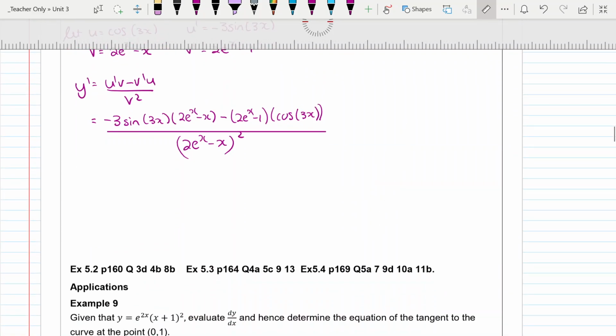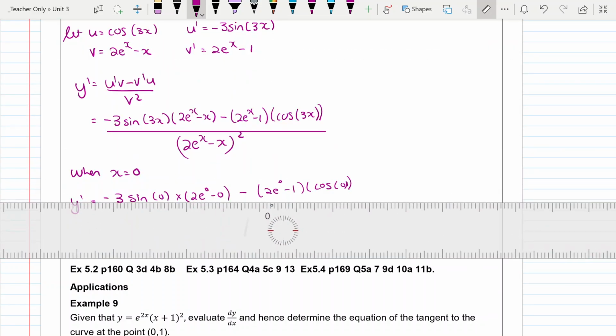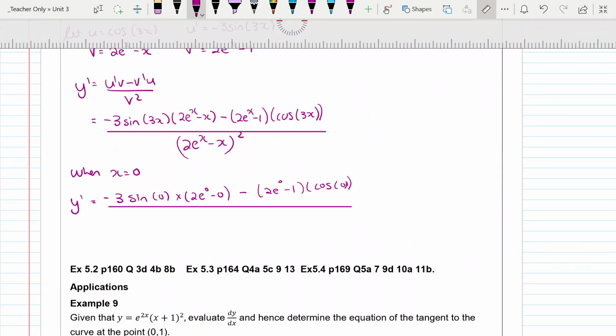So let's find the gradient when x equals 0. We have negative 3 sine of 0 multiplied by 2e to the 0 take 0 minus 2e to the 0 take 1 times cos of 0 over 2e to the 0 take 0 all squared.